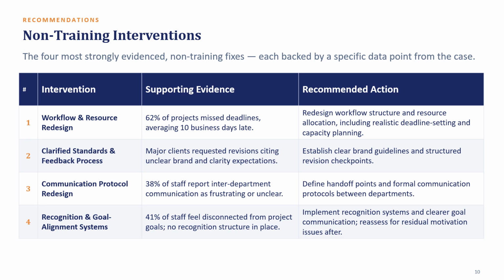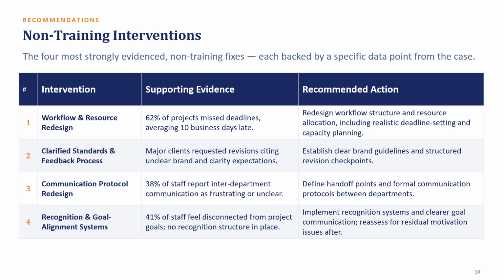The first intervention is on workflow and resource redesign, and the supporting evidence is that 62% of projects missed deadlines, averaging 10 business days late. We recommend that we redesign the workflow structure and resource allocation, including realistic deadline setting and capacity planning.